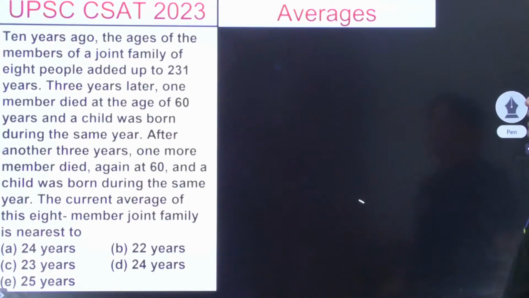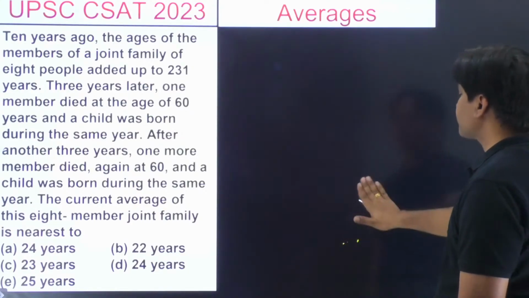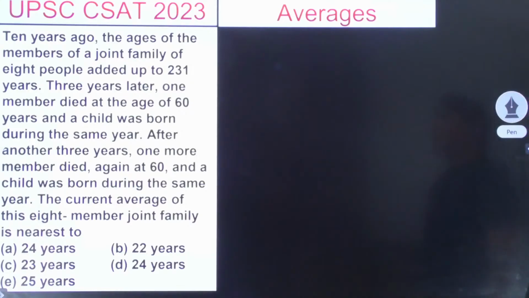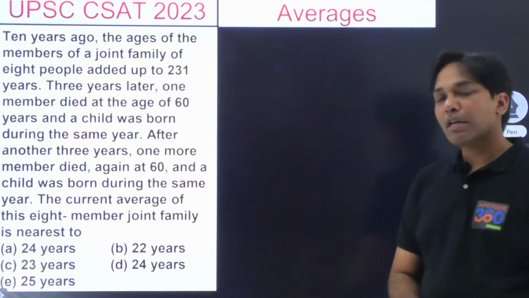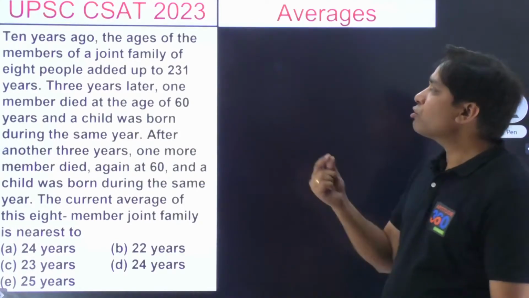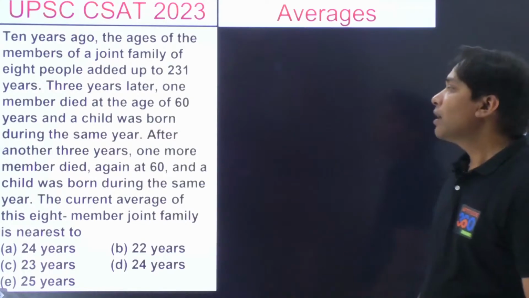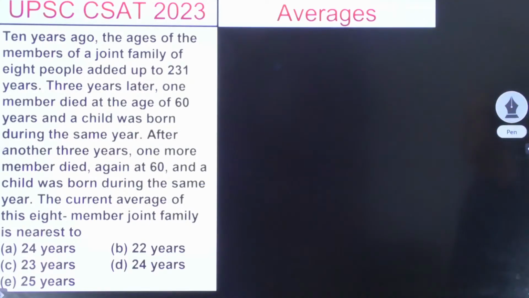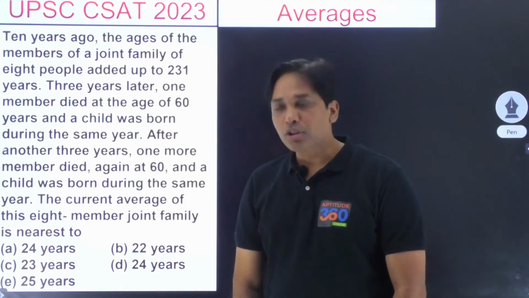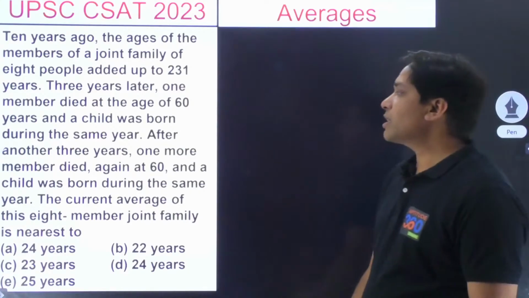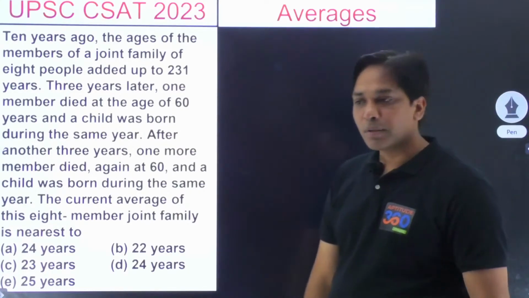It says that 10 years ago, the ages of members of a joint family of 8 people added up to 231 years. 8 persons, and their collective age was 231 years. And then 3 years later, one member died at the age of 60 years, and a child was born during the same period.